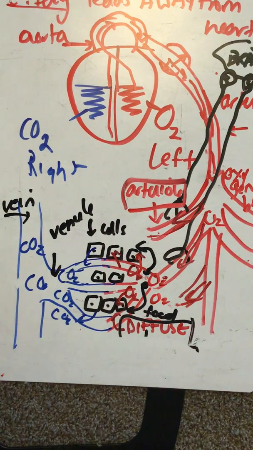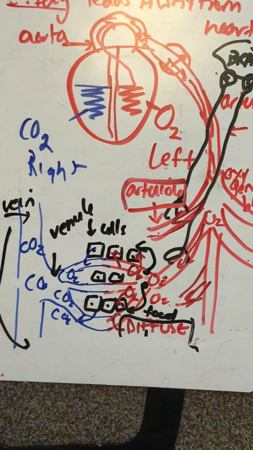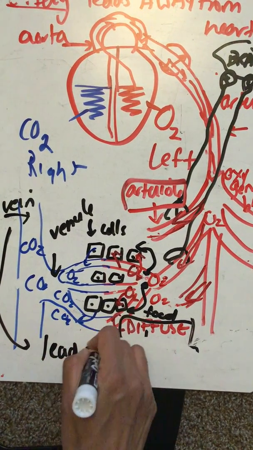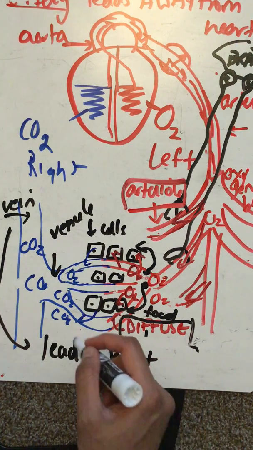So this is the vein, and the definition of a vein is that all veins lead to the heart, okay, so all the blood in the veins goes to the heart.